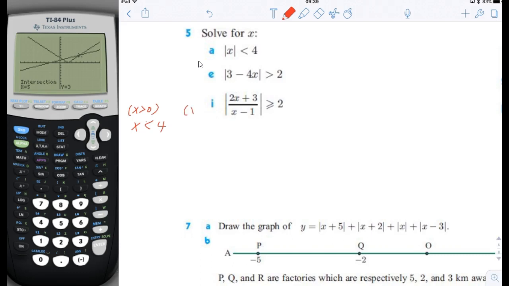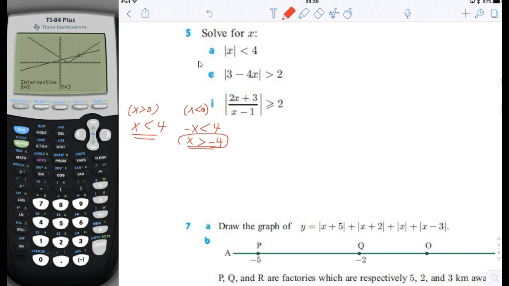And in the case that x is less than 0, it's actually the opposite of x, because the absolute value is going to take the opposite of what's in there. So you have these two cases. The x is less than 4 case is already solved, right? The negative x less than 4 case, we just need to multiply both sides by -1. When we do that, we get x is greater than -4.